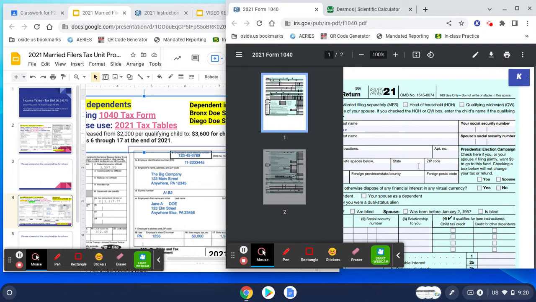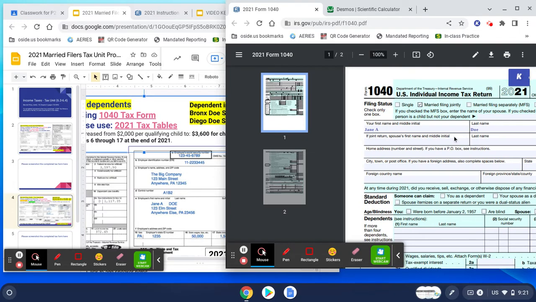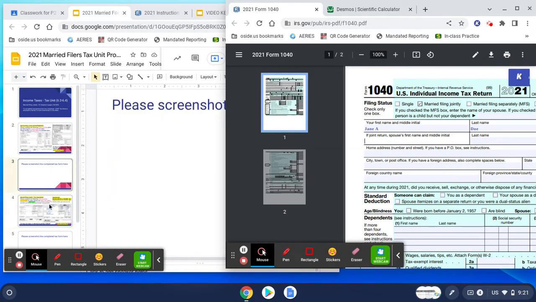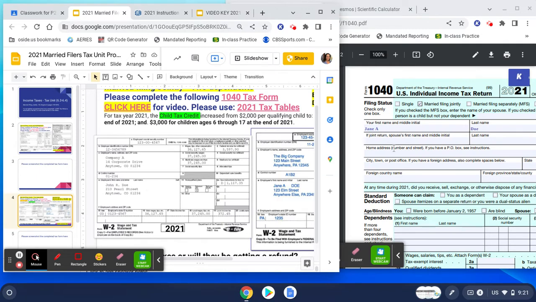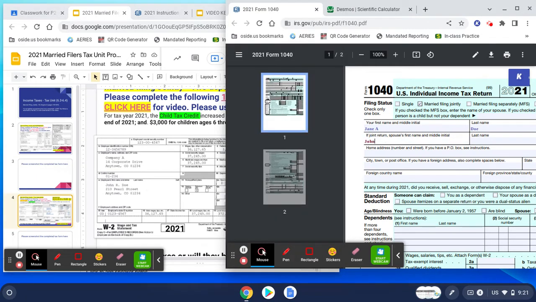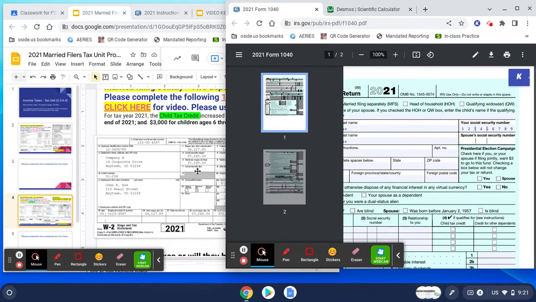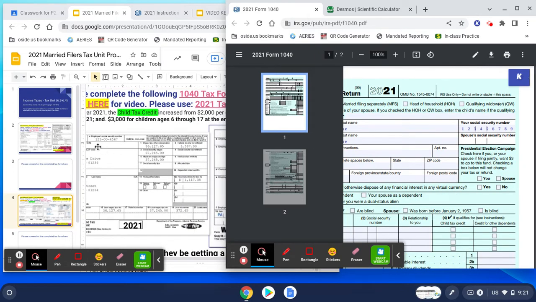Jane's social 1 2 3 4 5 6 7 8 9. Then we go get John's information. John R. Doe. And his social 1 2 3 0 0 4 5 6 7.